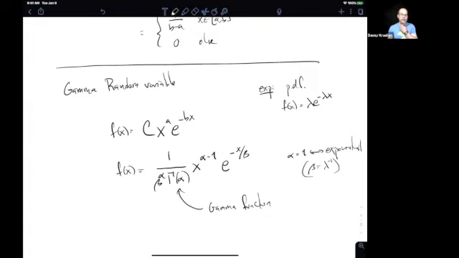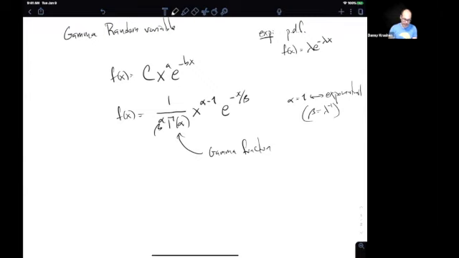This is a function which interpolates between the values of the factorial function, among other things. It has lots of interesting, nice properties. But for us, this is just what happens to come up when you solve this integral to get your normalization factor. All right. So for example, as I was saying, if we let alpha equal 1, beta equals lambda inverse, then we get an exponential function.